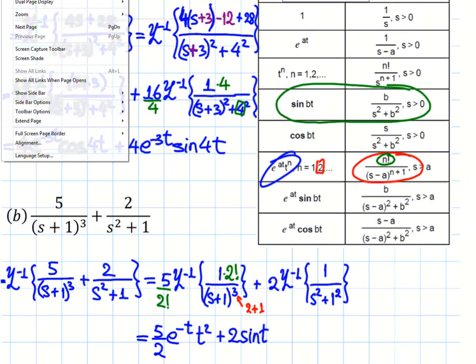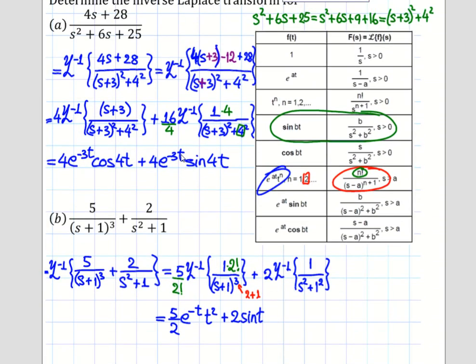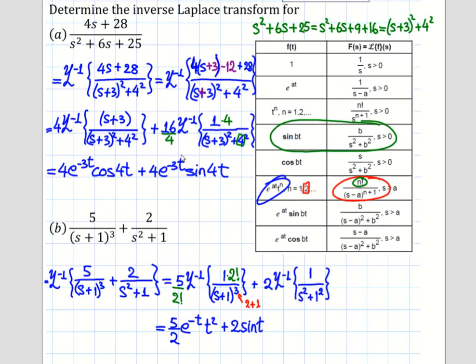Let me zoom out to see the whole problem. And that's how we find the inverse transform. You will be given the table of the Laplace transform, and then you just find the corresponding values and corresponding formulas.